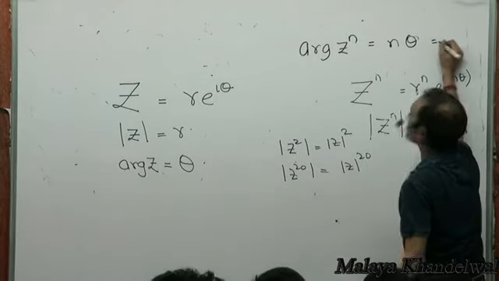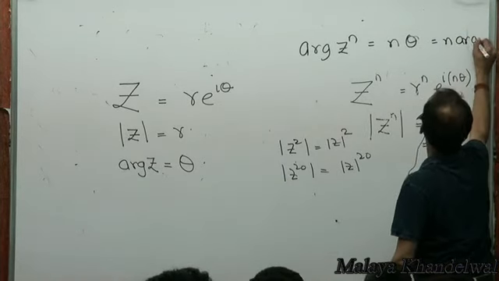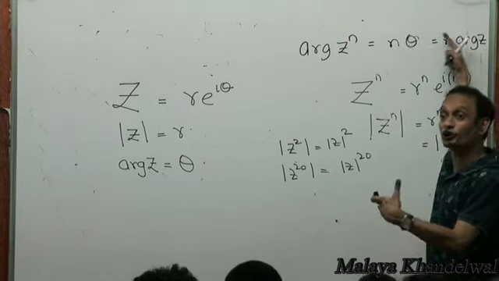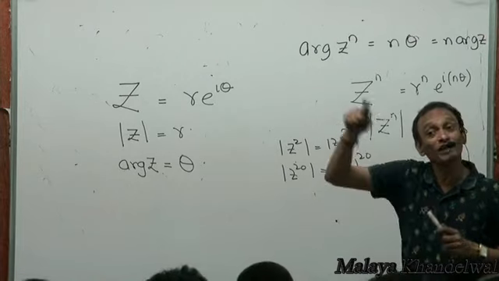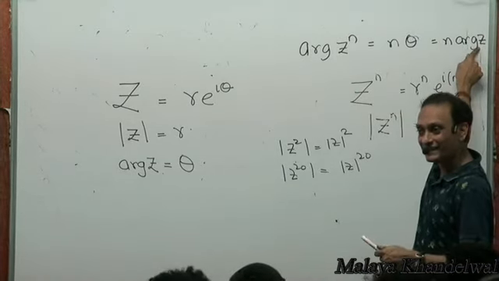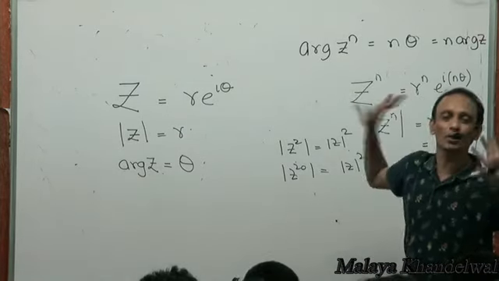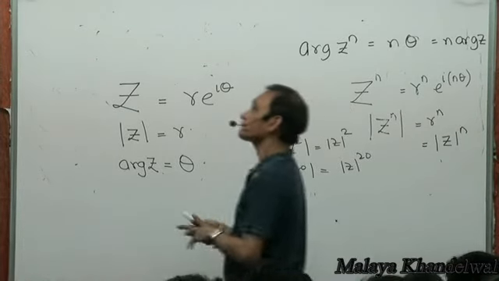Argument z. So this is n times argument z. So argument of z power n is n times argument z. Does it ring a bell? Log of a power n is n log a. So very similar looking, similar operator. Right?